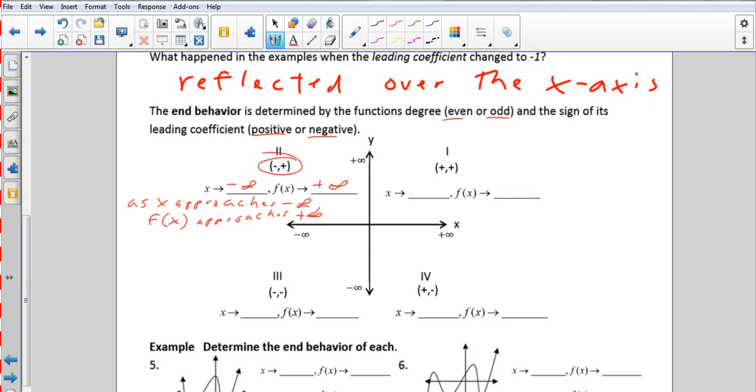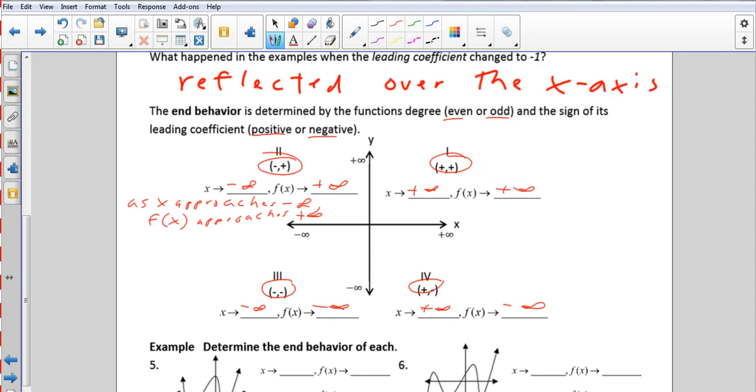Okay? So here, this is going to be positive infinity, positive infinity. Here it's going to be negative infinity, negative infinity. And here we're going to have positive infinity, negative infinity.